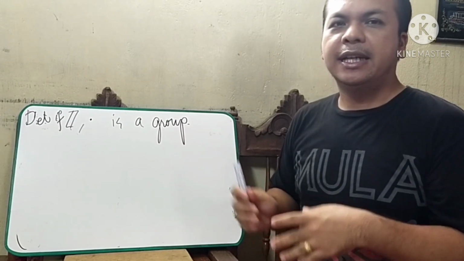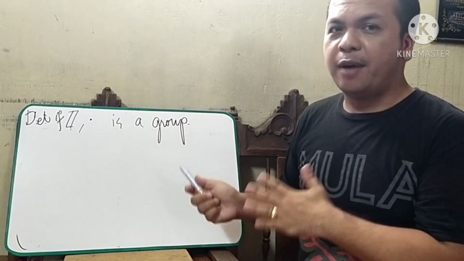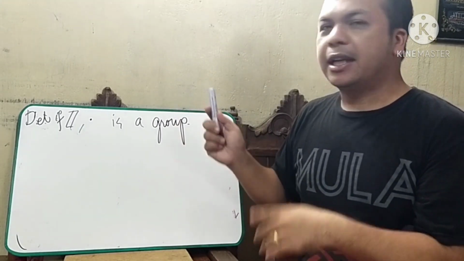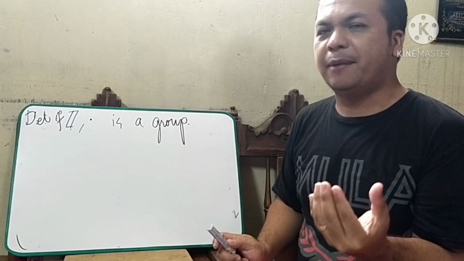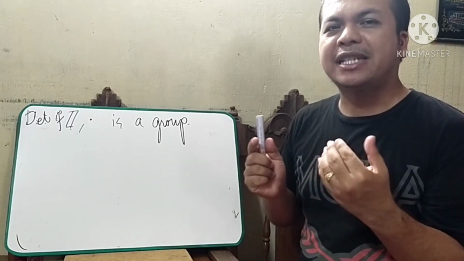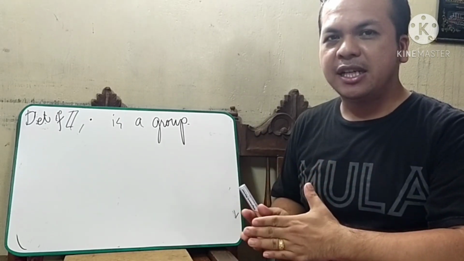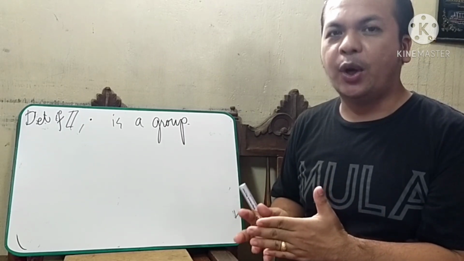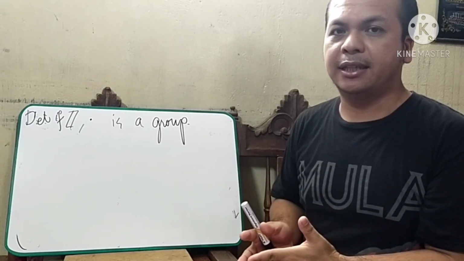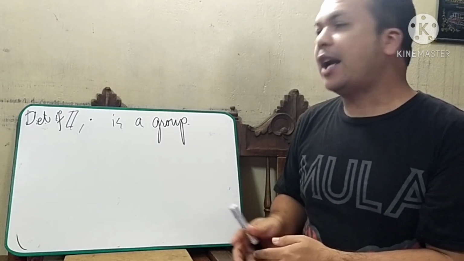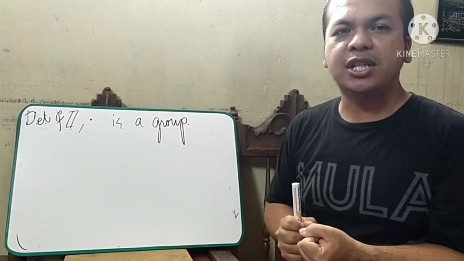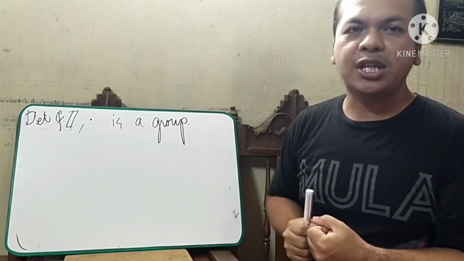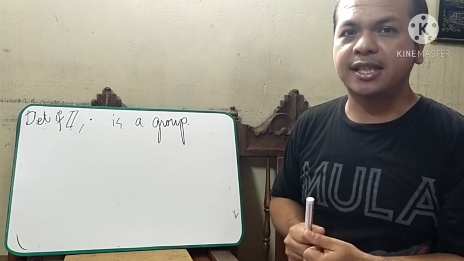Now, for it to form a group, the first thing, of course, doon sa example number 1 natin kanina, alam kasi na natin na yung addition is a binary operation on the set of integers. Now, ganun din ba ang multiplication, is multiplication a binary operation on the set of integers?